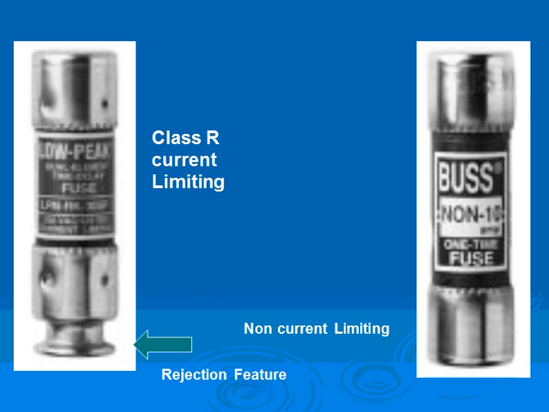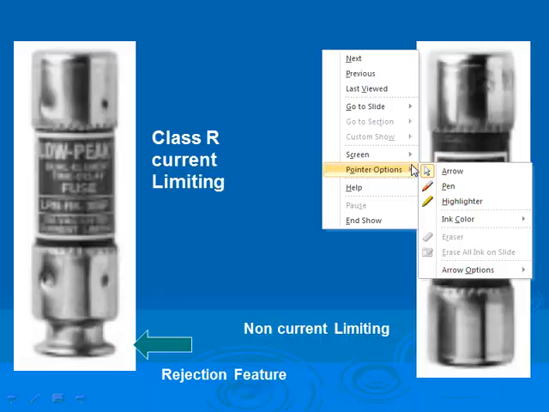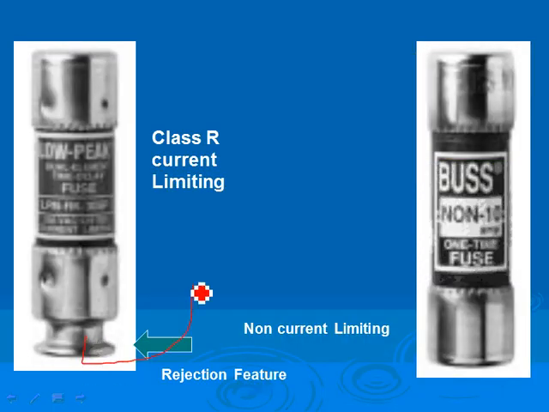A current limiting fuse, if you put 35K into this fuse, what comes out of it might go from 35 down to 25. It's a great application if your equipment here is rated, say you bought a piece of equipment from China. I'm going to fuse my equipment coming out of here, tying it in.